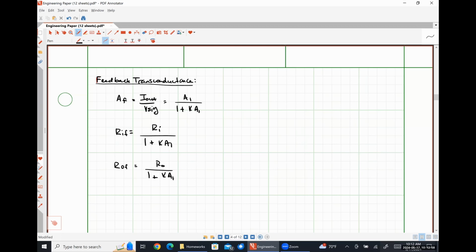Actually, I have made a mistake. The mistake that I have made is that I said the output side is connected, did I say they're both in parallel? They're both in series. Yeah.